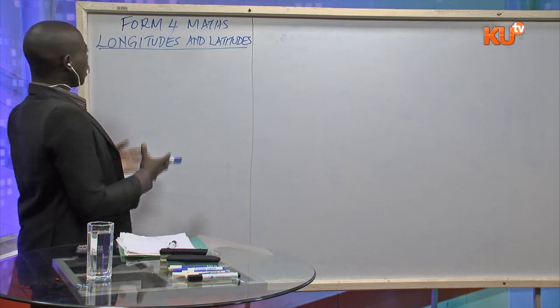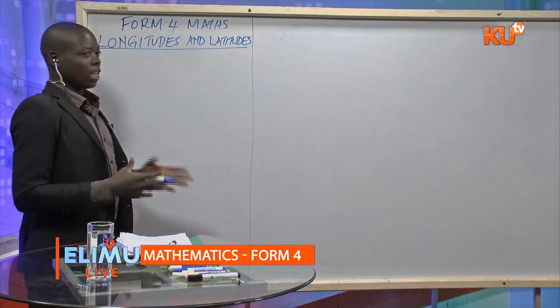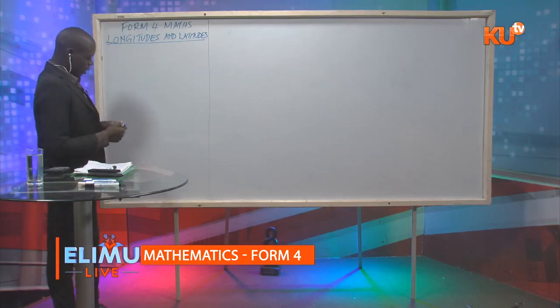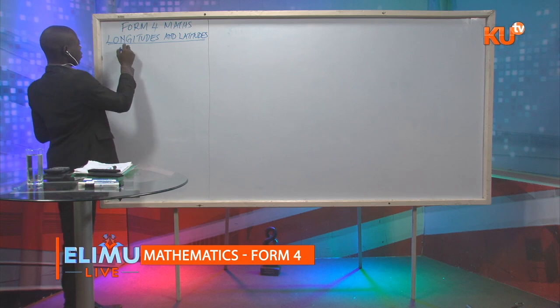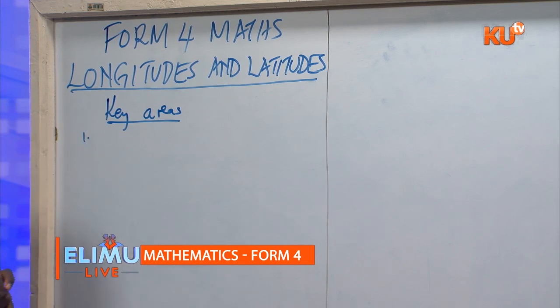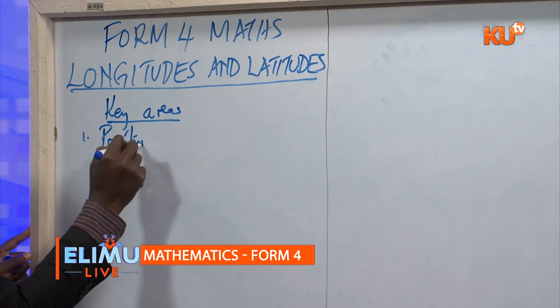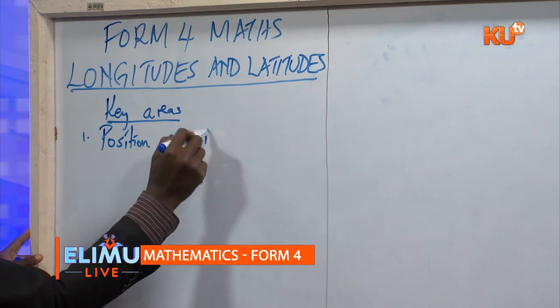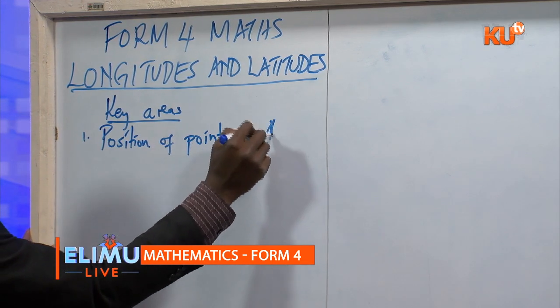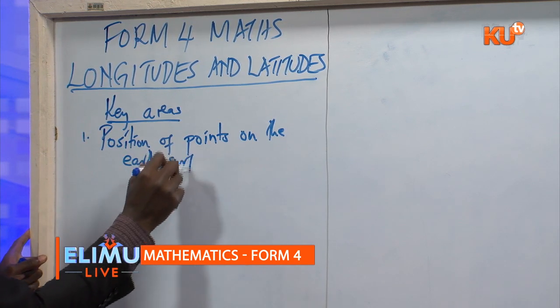Then once we've understood what longitudes and latitudes are, we then relate them to what we call the circles. And so in our lesson today, I want us to focus on two main areas. Number one, we are going to discuss the position of points on the Earth's surface.